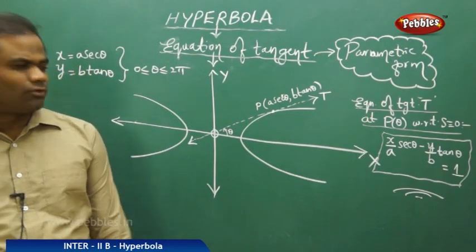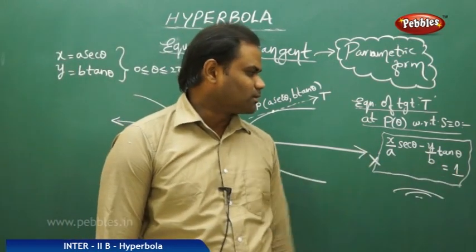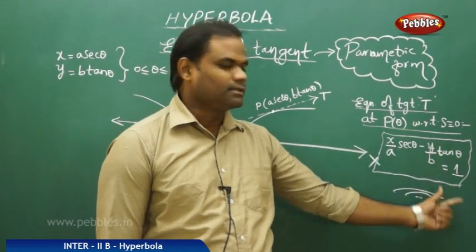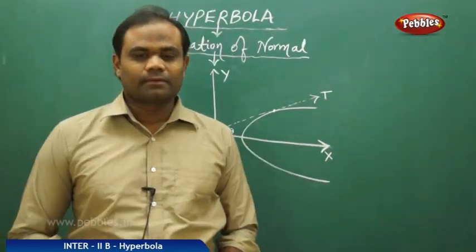This is the formula for the equation of tangent with respect to S equal to 0: x by a secant theta minus y by b tan theta equals 1.